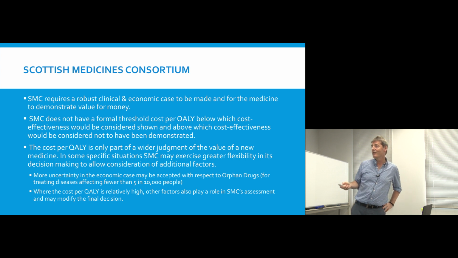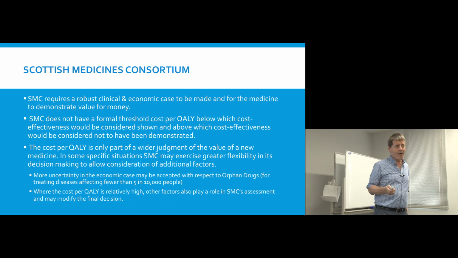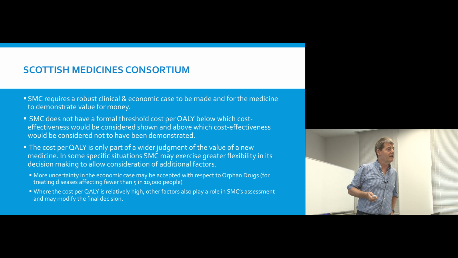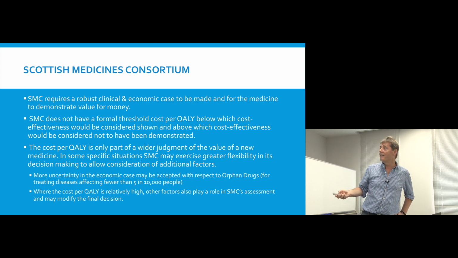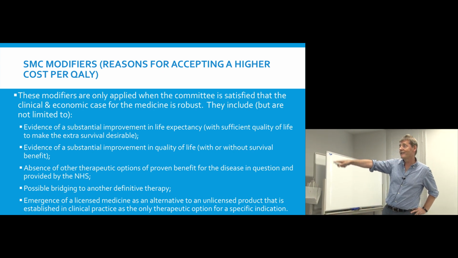What's quite interesting about Scottish Medicine's Consortium is that they explicitly came up with a list of what they've called modifiers and reasons for being willing to spend a bit more for a QALY. And their modifiers, some of them, I've listed here.